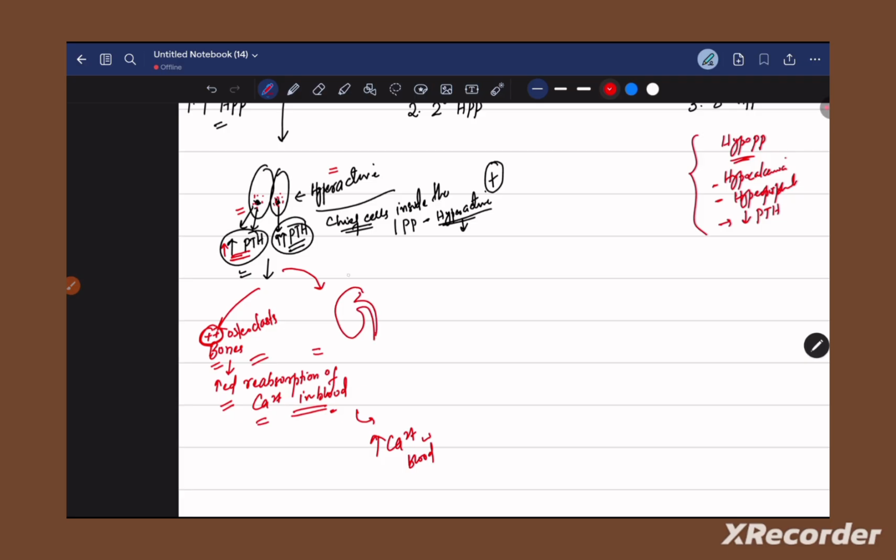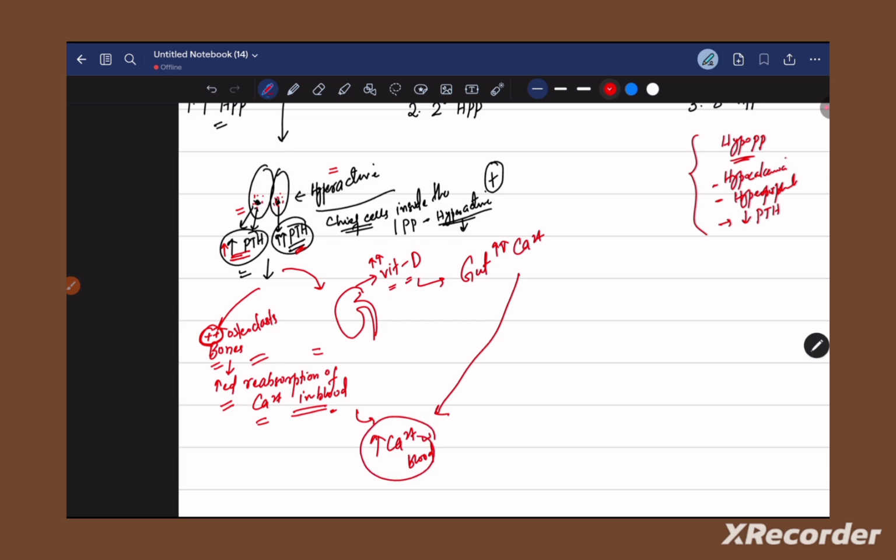In the kidneys, it acts in two ways. PTH causes the synthesis of vitamin D. So when there is an increase in PTH, it will cause an increase in the synthesis of vitamin D, and this vitamin D will go to the gut and cause increased absorption of calcium in the gut. It will also increase the calcium in blood.